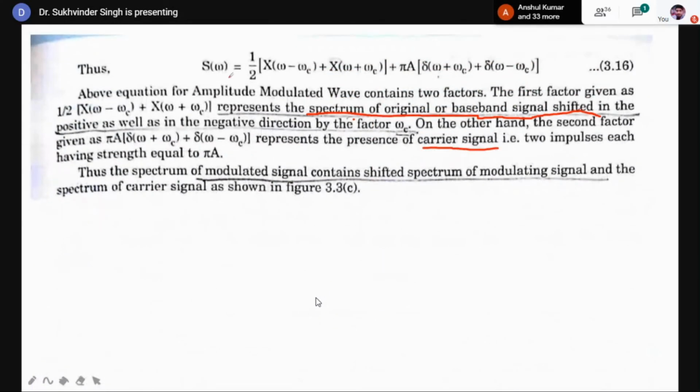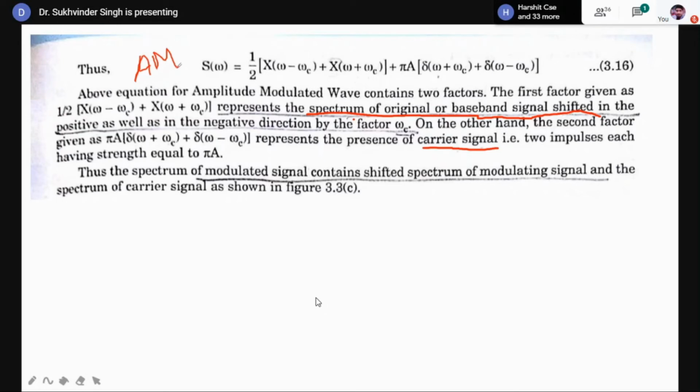So finally, we will have an expression of the modulated signal, or amplitude modulated expression. We have discussed the modulating expression, which is in the time domain and is converted into the frequency domain. We have talked about the carrier wave expression, which is in the time domain and is converted into the frequency domain.